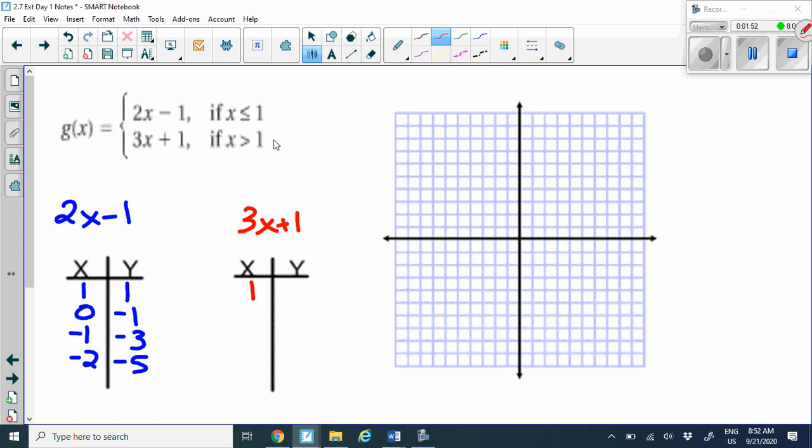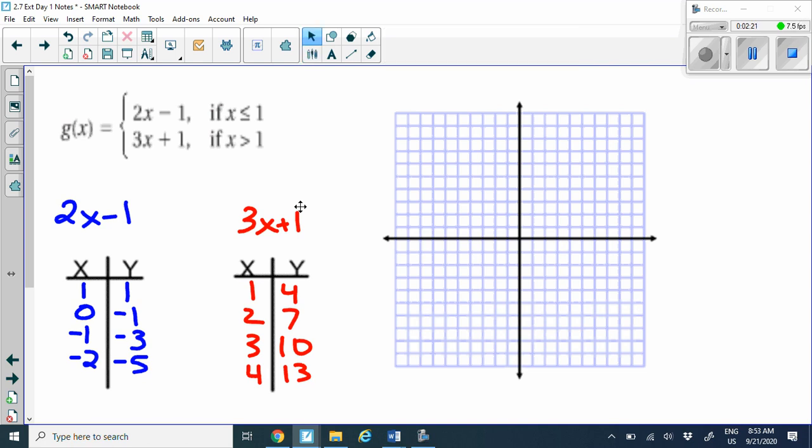But for now, whatever number is on the restriction needs to be the first number you put in your x for both of them. Now we're going to figure out what numbers are greater than 1. So we can do 2, 3, and 4. Let's plug our x into the equation of 3x plus 1. So we should get 4, 7, 10, and 13.